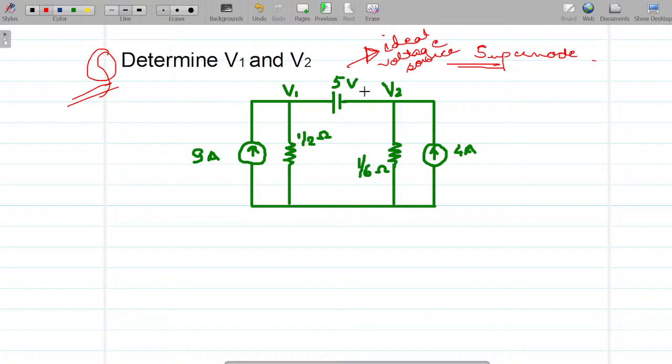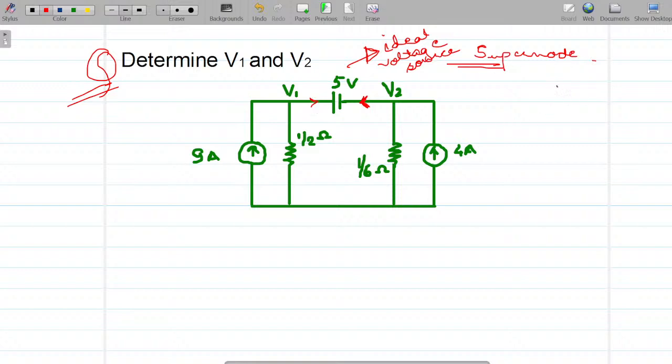But when you're provided with an ideal voltage source between two nodes, determining the current in this branch is difficult. Tell me how can you do it, because there is no resistance. The ideal voltage source has no resistance, and with no resistance, can there be infinite current here? No, right?